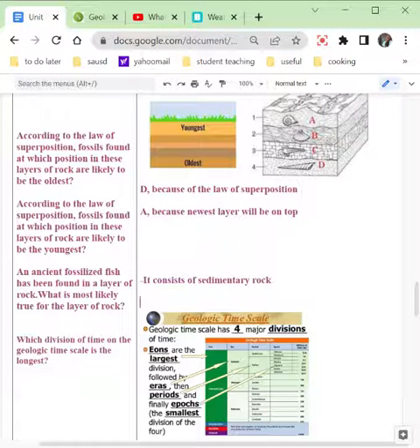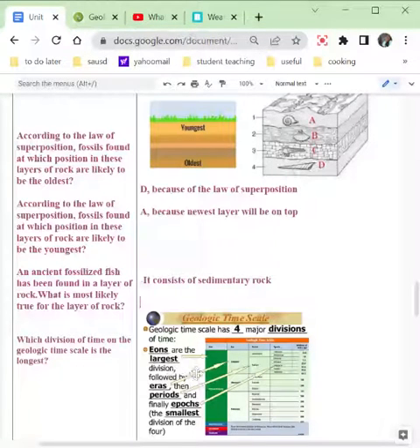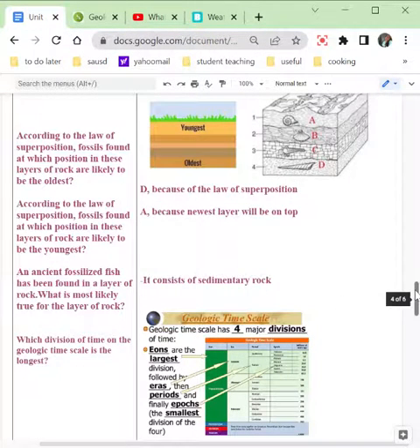So the division of time on this geological time scale that's the longest would be eons. And eons are like billions of years. So like this one period is like more than 1 billion years.